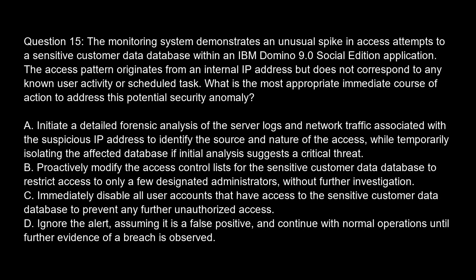Option C. Immediately disable all user accounts that have access to the sensitive customer data database to prevent any further unauthorized access. Option D. Ignore the alert, assuming it is a false positive, and continue with normal operations until further evidence of a breach is observed.